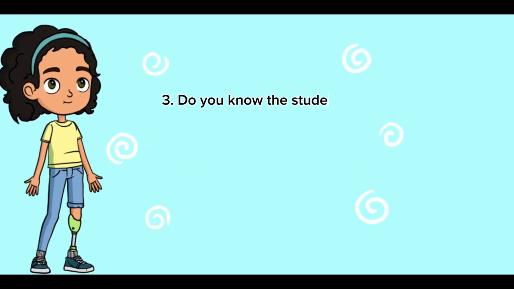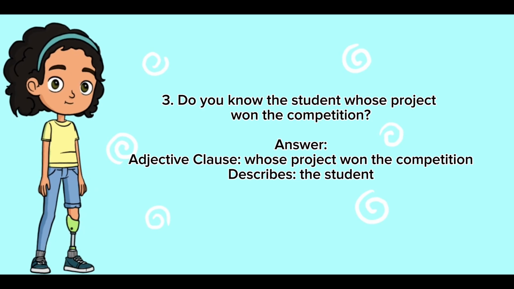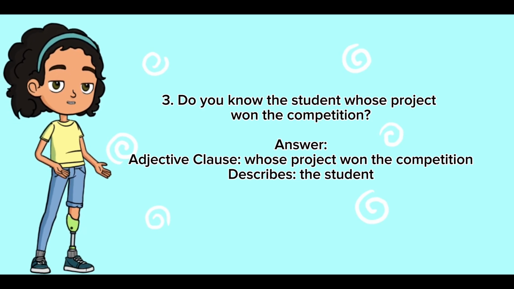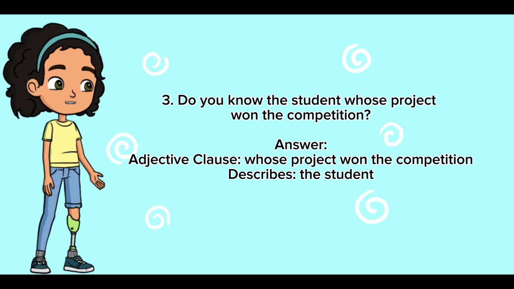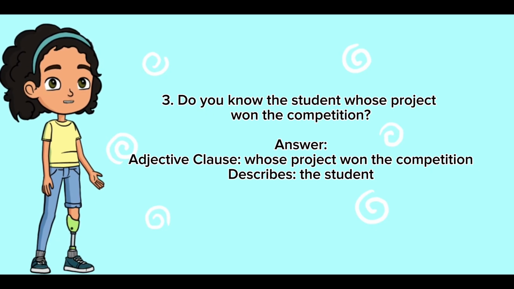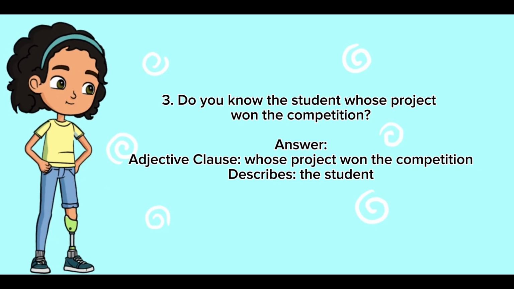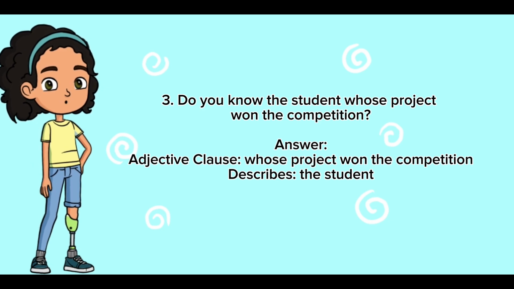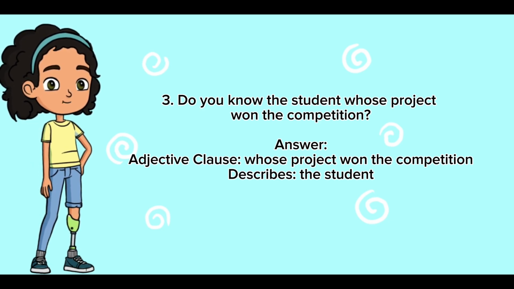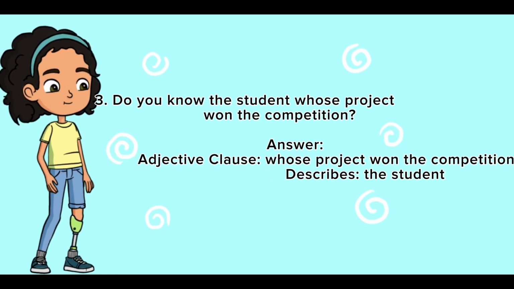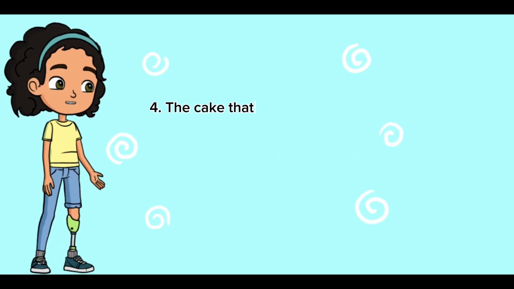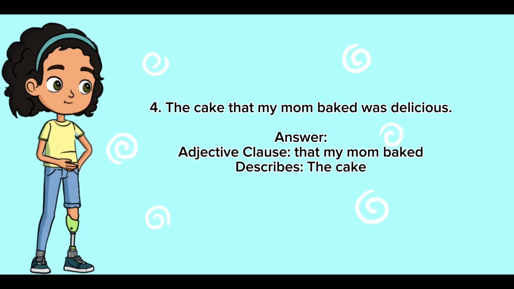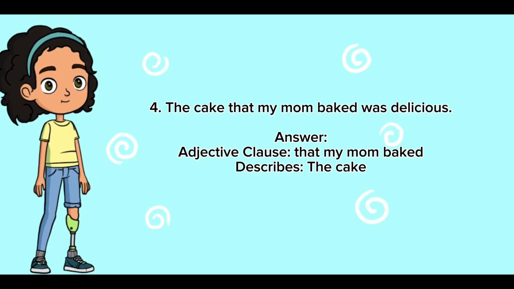The third question is: Do you know the student whose project won the competition? The answer for the adjective clause is whose project won the competition. Meanwhile, what it describes is the student. The fourth question is: The cake that my mom baked was delicious.